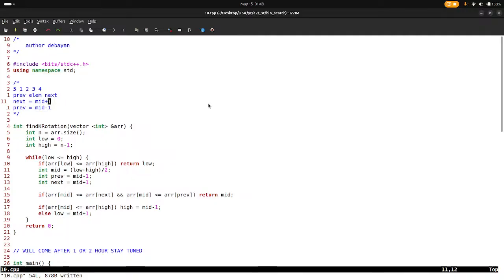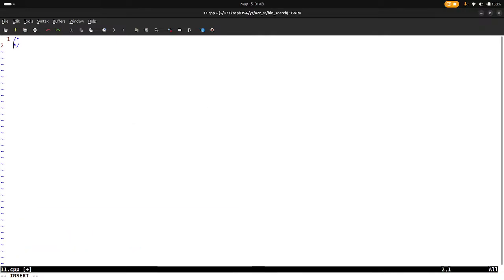So generally, let me write the test case for it, 11.cpp. You know one thing: when you are writing any problem, please create the test case and run it with your solution.